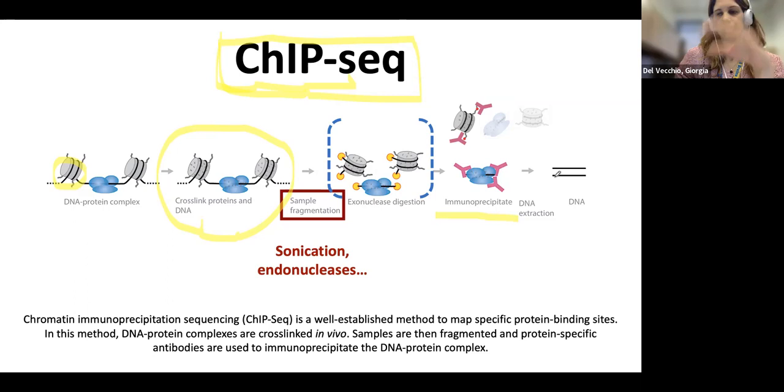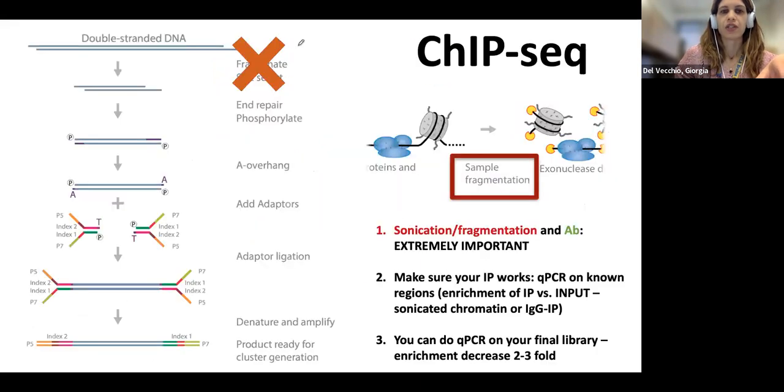And then we are going to extract the DNA. So when we obtain our DNA, the DNA is already fragmented. We don't need to perform any fragmentation because we are not using genomic DNA here.